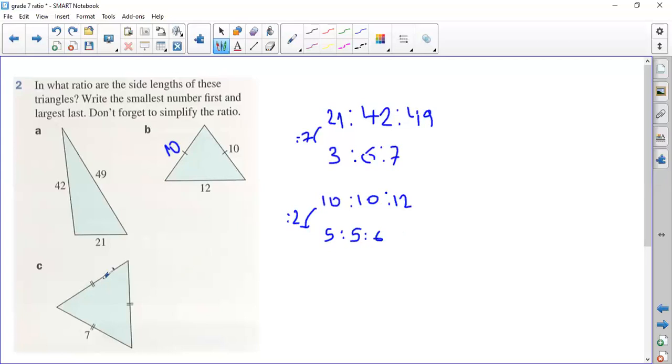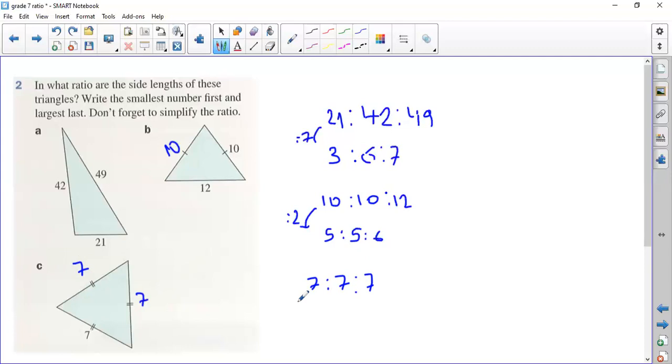The last one is an equilateral triangle. All the sides are equal. Okay, we can understand from the symbols that are used on the sides. So the ratio of this one will be 7 to 7 to 7. Okay. If we simplify it with what? With 7, of course.